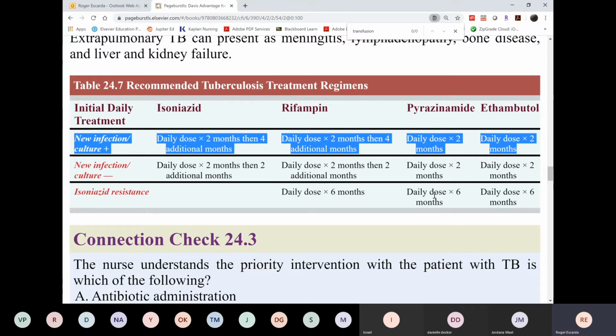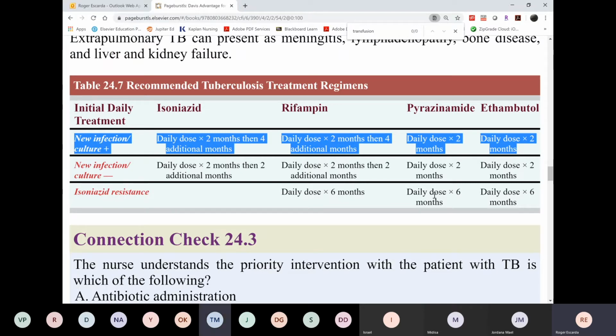What about the next 4 months? How many drugs are you taking? Only 2. So for the first 2 months, you're taking 4: INH, rifampin, PZA, and ethambutol. After the first 2 months, you're finished with the PZA and ethambutol.